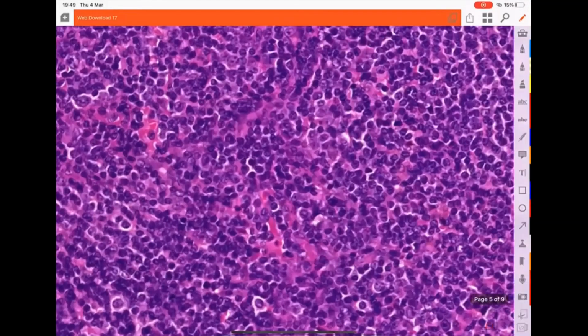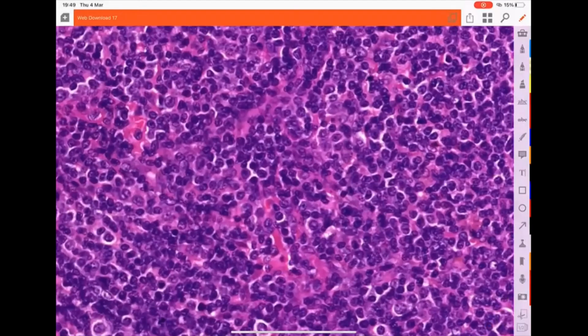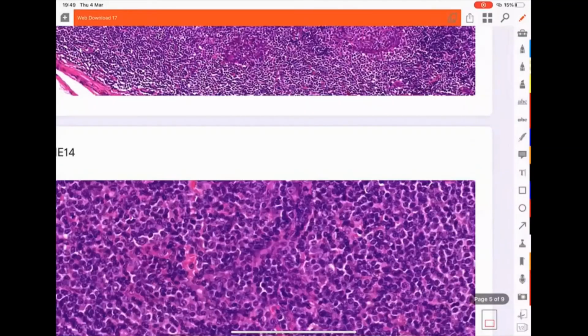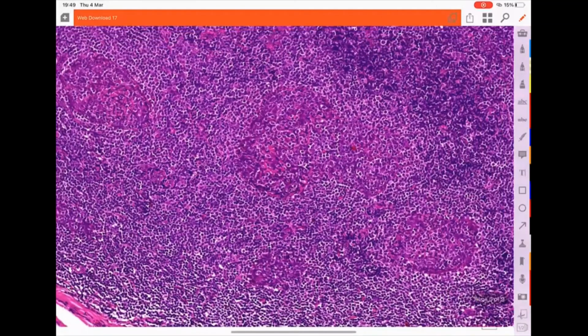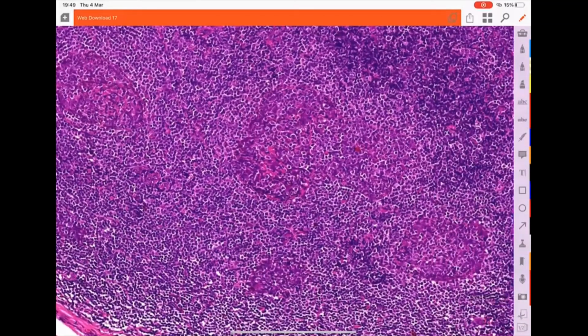So far, if you are to argue the case at this level, you saw a lot of lymphoproliferative lesion, like here in this field. Every epithelial group in this field has been eaten up by your lymphoid cells.